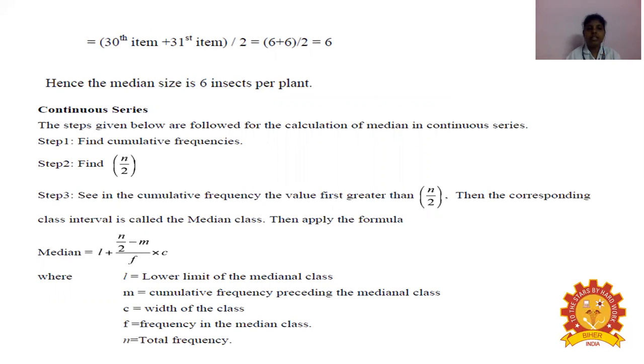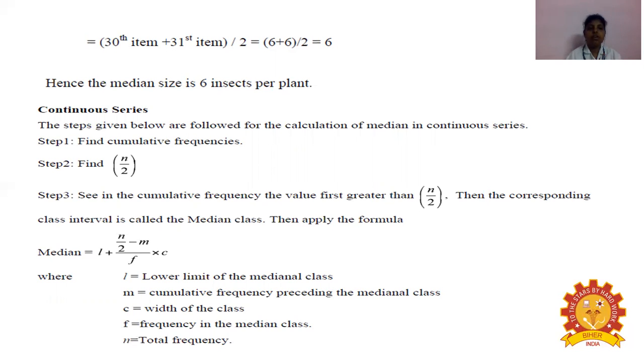That is the 30th item plus the 31st item divided by 2. The 30th item is 6, and the 31st item is also 6. So 6 plus 6 is 12, divided by 2 equal to 6. Hence, the median size is 6 insects per plant.